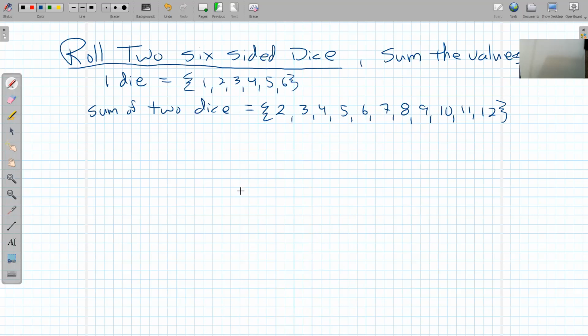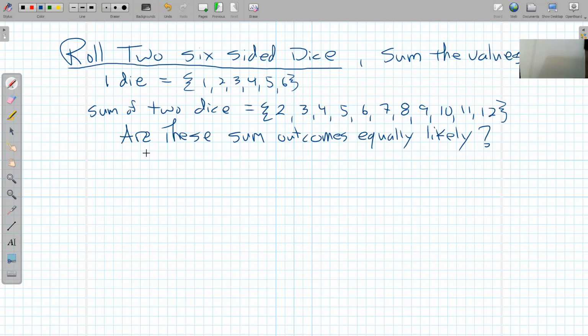All right, question. Are these outcomes equally likely? Am I just as likely to get a 2 as I am a 6 or a 12?